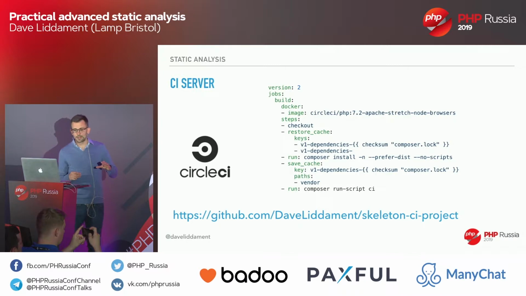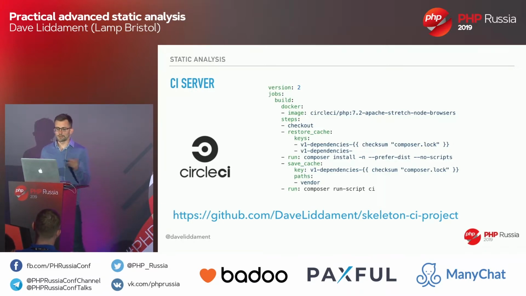I'm not going to go into this configuration, but it's something like 16, 17 lines of code. And with that code, you can run the most basic static analysis tools we've just talked about. If you really want to have a look, go to that GitHub link, and that takes you to an example of it. So my point really is, it's very simple to get to this stage where you're running simple static analysis every time you commit code and push it up to your CI server.